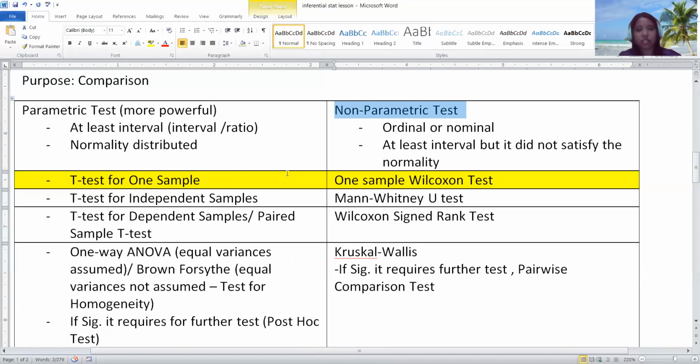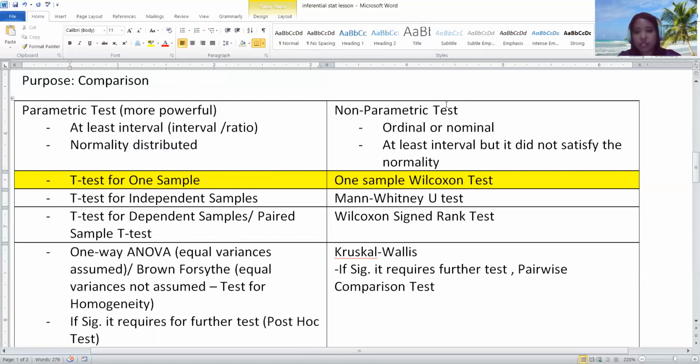Parametric test is actually more powerful than non-parametric test. If our data is at least interval, which means it's interval or ratio, and it is normally distributed, then the appropriate test is parametric test.